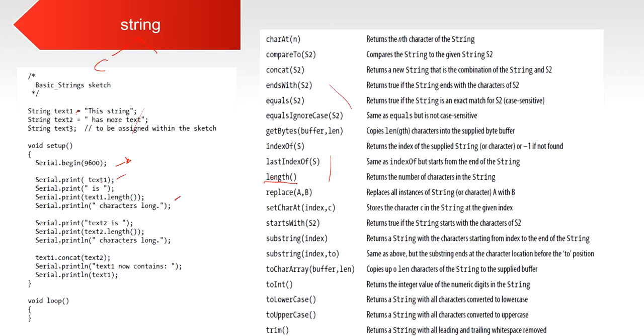So the output will be "text1 is this string", and then "plus is", and then we put the length of the text, maybe 10, and the final part is the concatenation, which says how many characters long. This one is Serial.println, so it will perform the concatenation and then create a new line to receive another serial value.